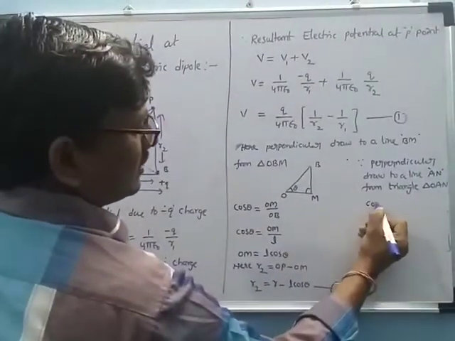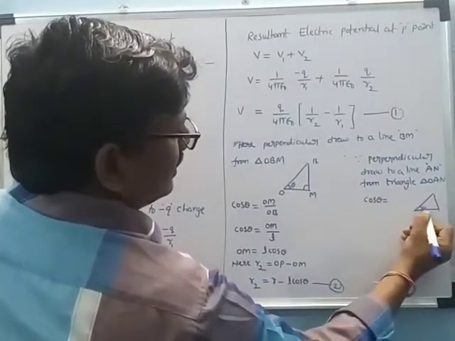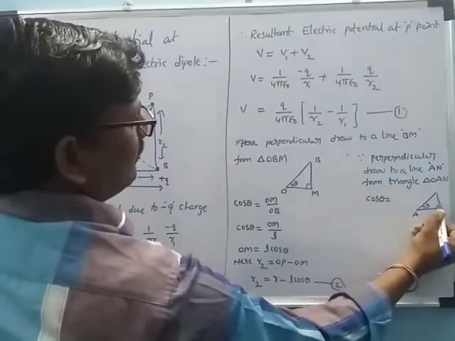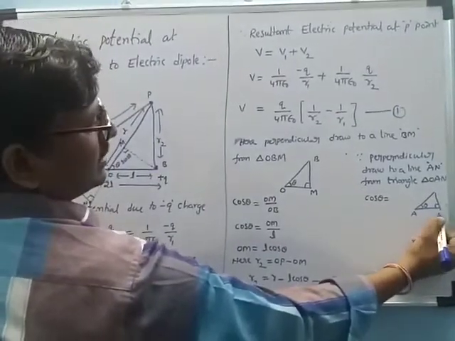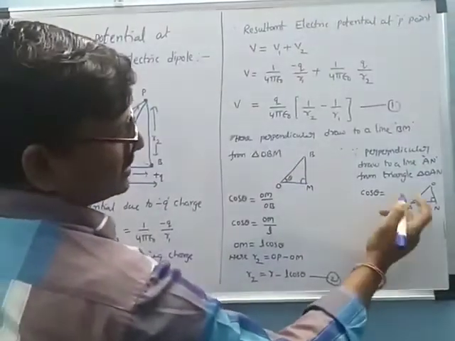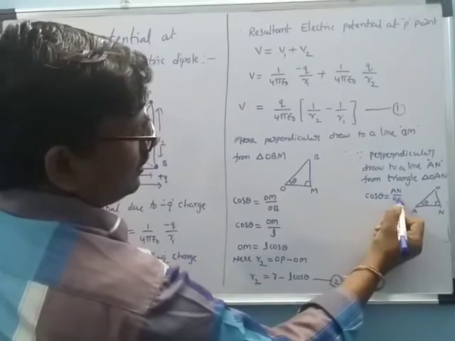Apply cos theta. See, cos theta is equal to, taking the triangle, theta at point A, the perpendicular at point N, and the other point O. Cos theta is equal to adjacent side by hypotenuse, AN by OA.